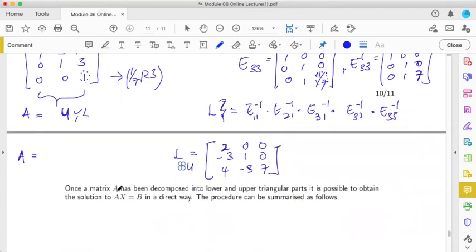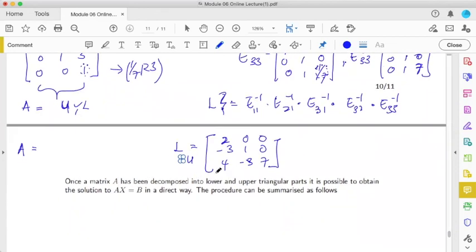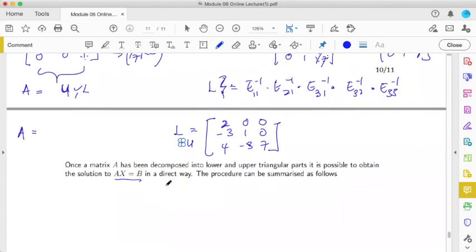Once a matrix A has been decomposed into lower and upper triangular parts, then we can start to find the solution for this system of linear equations. So just now we have the following problem.